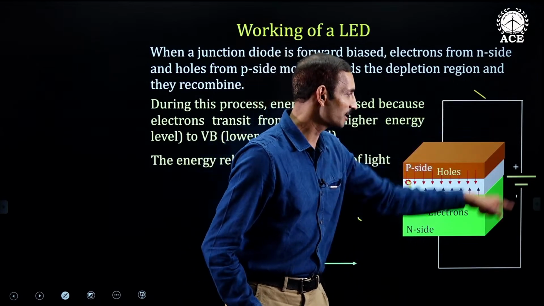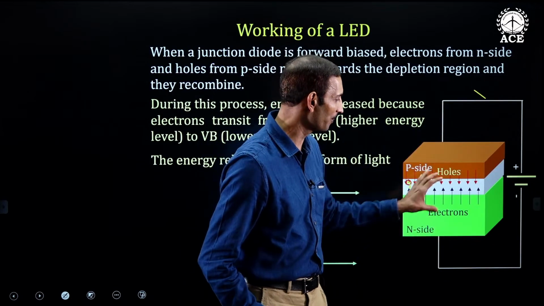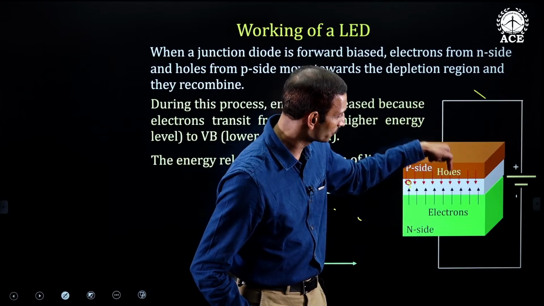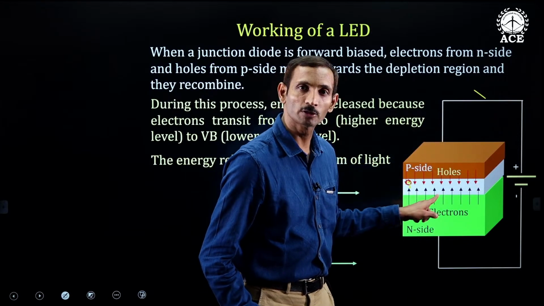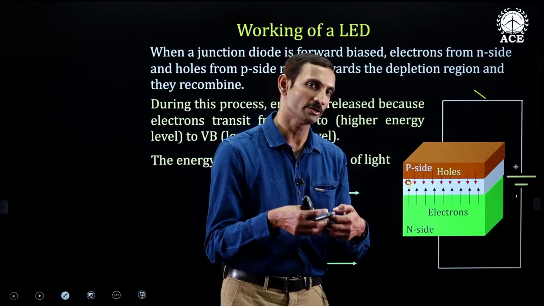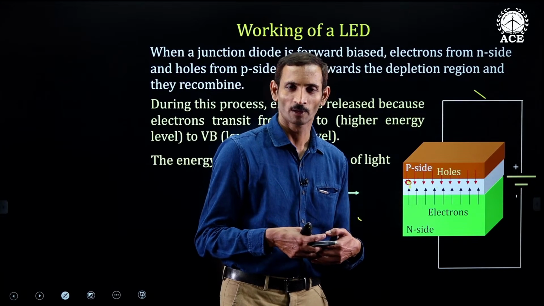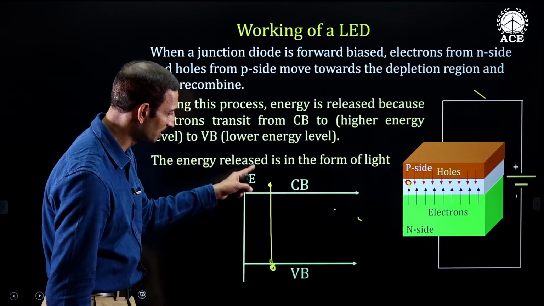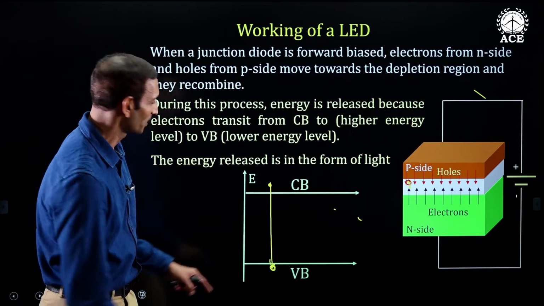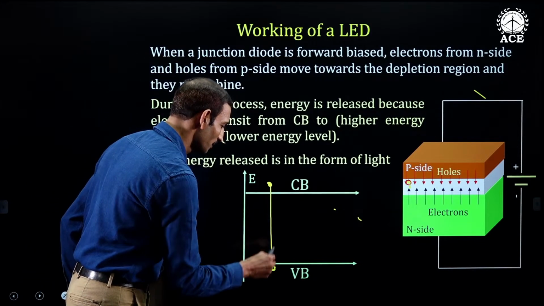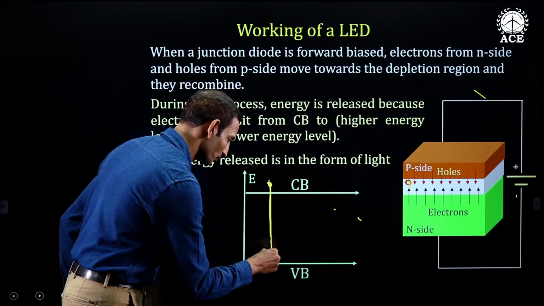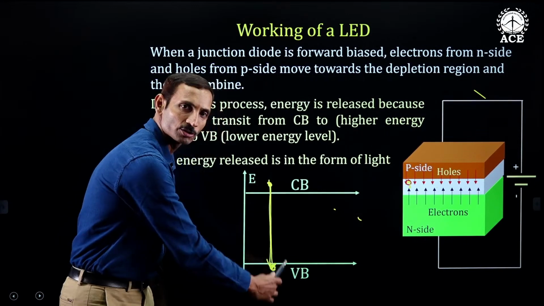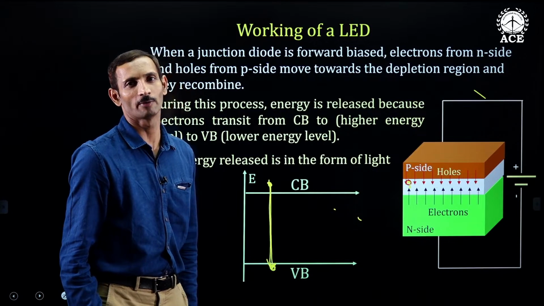Once biasing is applied, the forward bias, what would happen? Electrons from the N side and holes from the P side are going to come towards the junction, where they recombine with each other. That recombination in the energy level structure you would show this way. Electron in the conduction band and hole in the valence band combine with each other. There will be a transition of the electron towards the hole in the valence band.